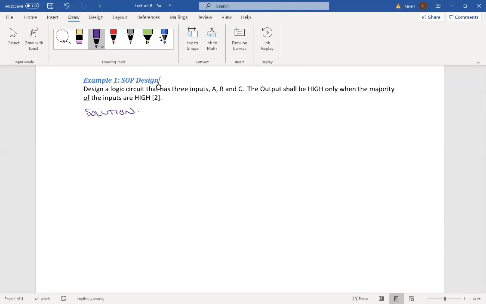So to solve this problem, first we need a truth table. I did say that it has 3 inputs, A, B, C. Since there are 3 inputs, then there must be 2 to the n, where n equals 3, lines on the truth table.